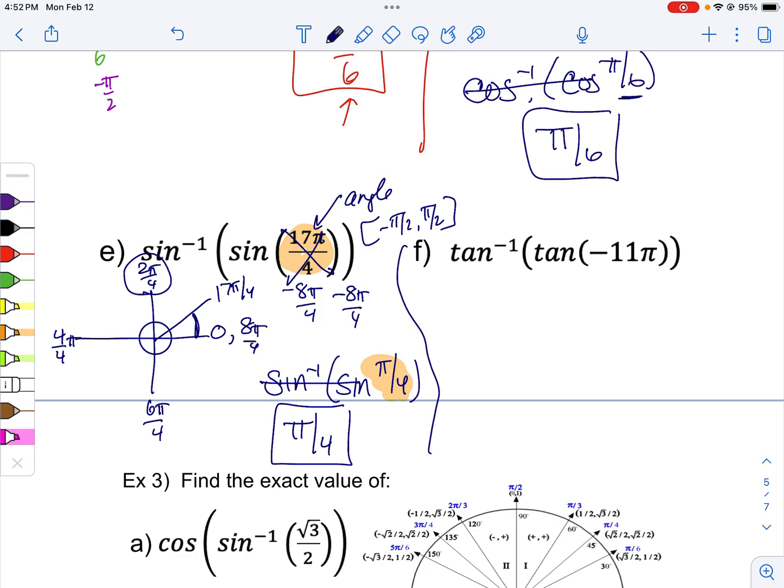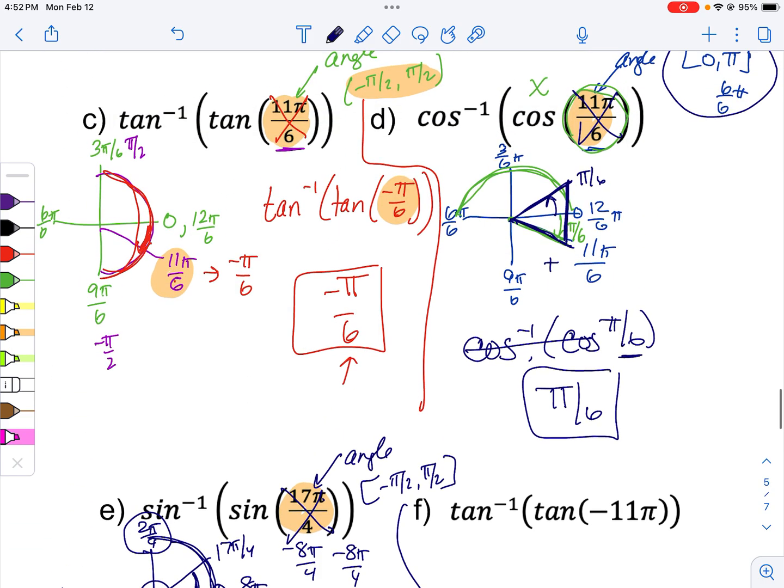Sometimes it's nice that the angle falls within that restricted area, since I'm looking for inverse sine in quadrants 1 and 4. When we did example D, the angle fell down here in quadrant 4, which is not in my restricted area.